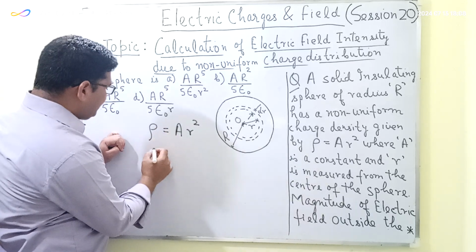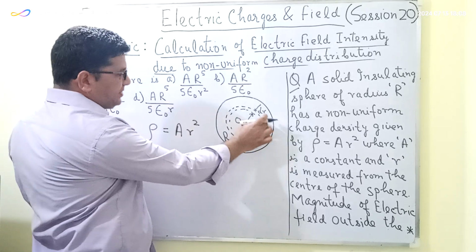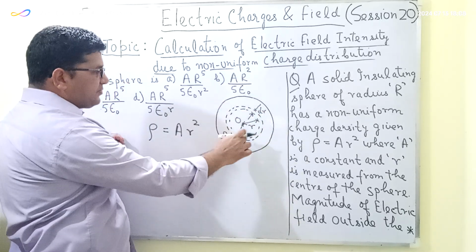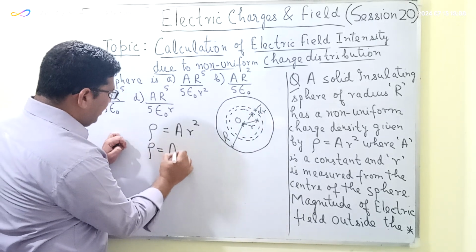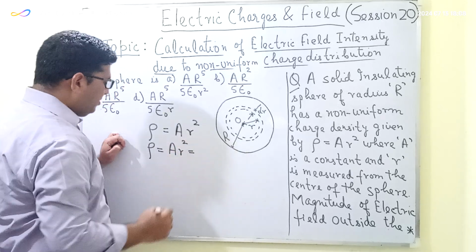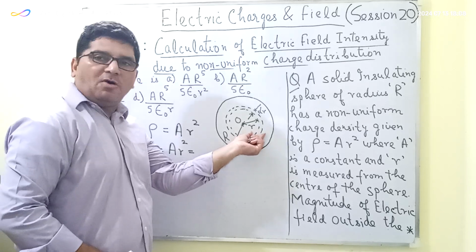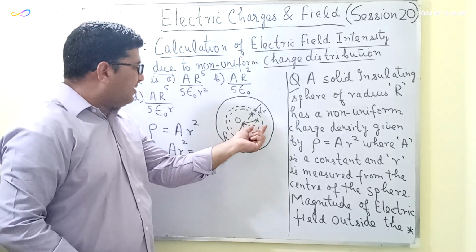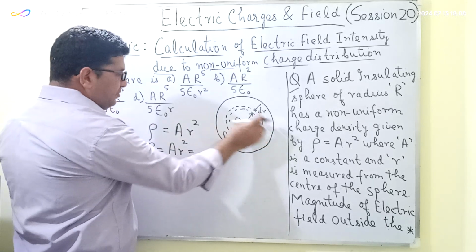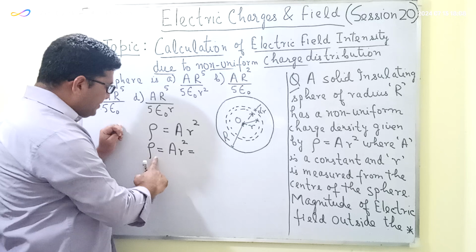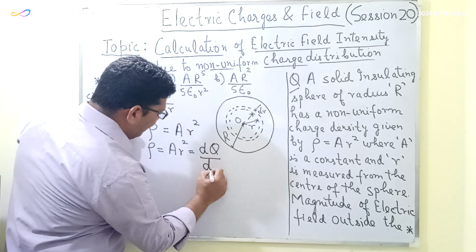Now rho is equal to A r square. If I consider this portion of this insulating sphere having a radius r and thickness of dr, then for this portion of the sphere, the volume charge density, which is equal to A r square, can be written as dq upon dv.